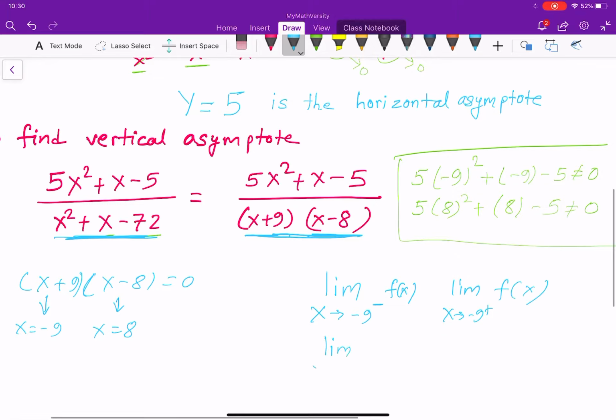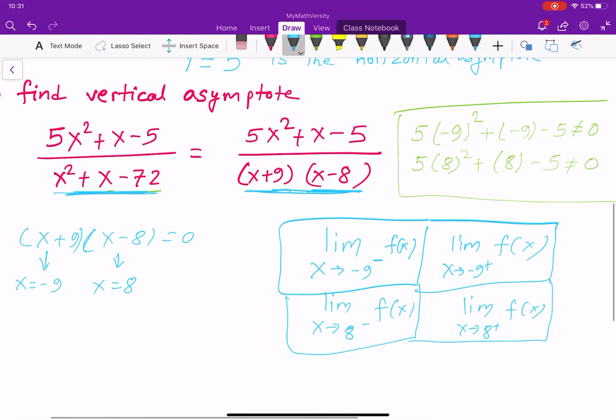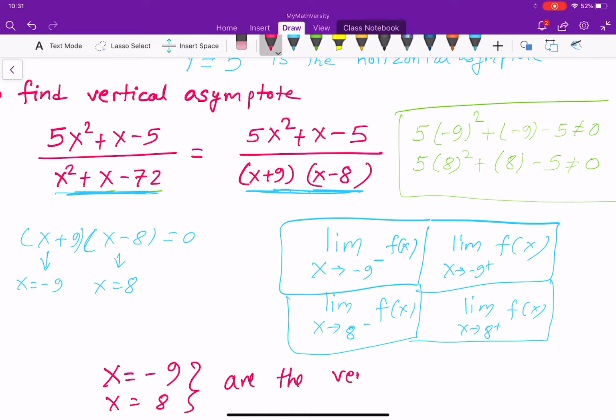Or you could also try the limit of the function at a from the left or from the right. Evaluate these limits, whichever you want to try. I believe that you will get either positive infinity or negative infinity. If that is the case, we can clearly conclude that x equal to negative 9 and x equal to 8 are the vertical asymptotes for this problem.